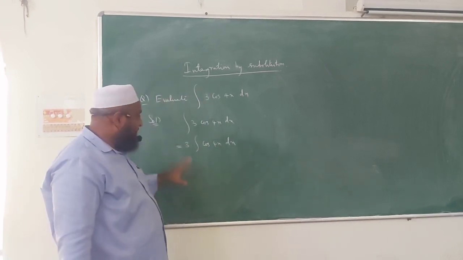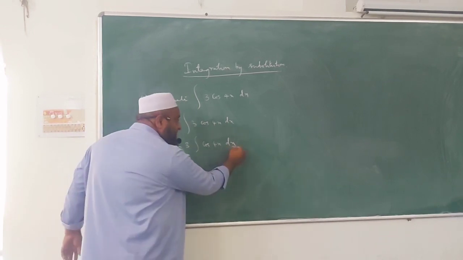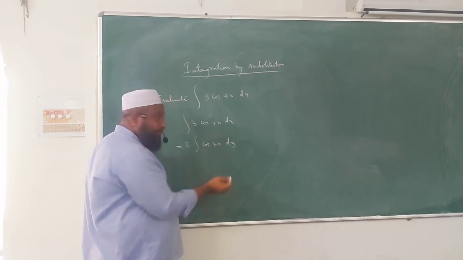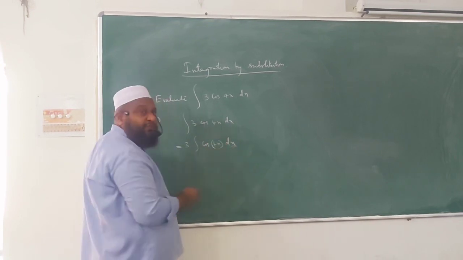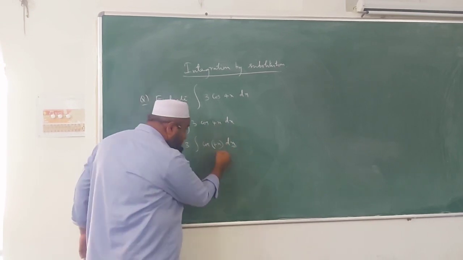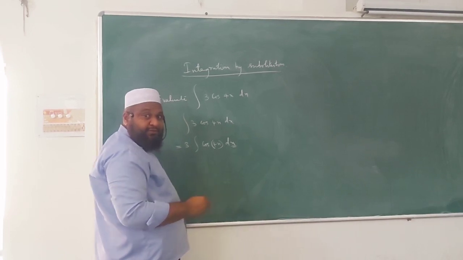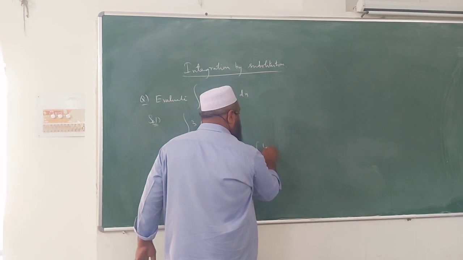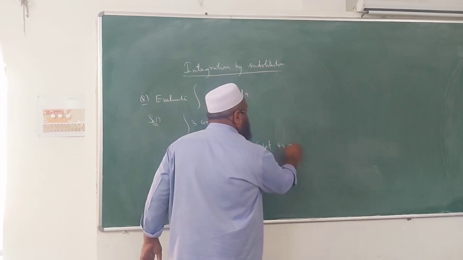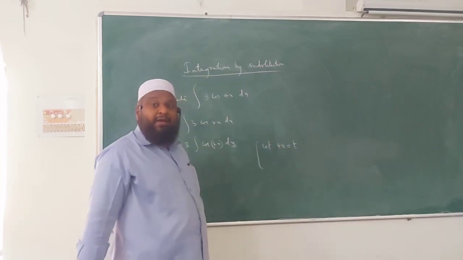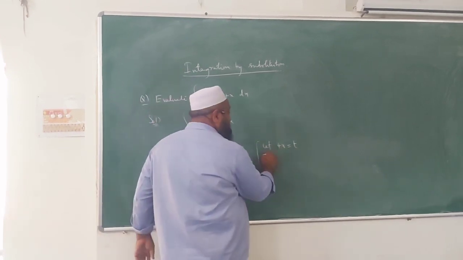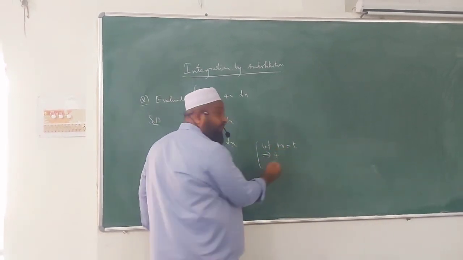Now 3 comes out. I am writing detailed steps right now, but in the next problem we can directly take the jump. Now this is x here. The same variable x appears here, it's okay, but it is not the variable x, it is 4x. So let us take 4x as t. Let 4x equal t. Now I apply d to this complete expression: 4 into dx, where 4 is an outside constant.